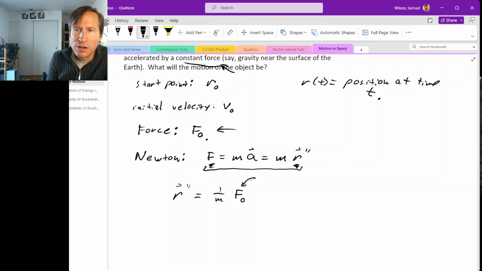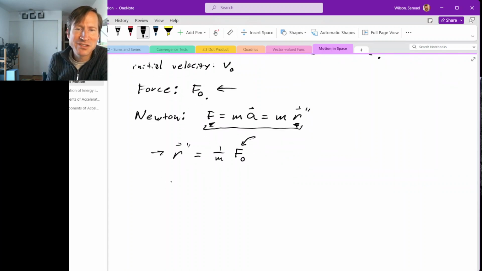Well, what we want is to know what our position function is. We have a second derivative. We can just start taking antiderivatives, right? There are a couple ways to think about this.